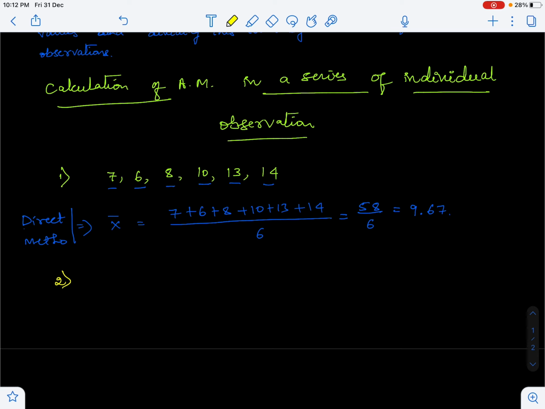The other example is: find the arithmetic mean of the data 10, 11, 10, 11, 9, 7, 9, 11, 12, 20.